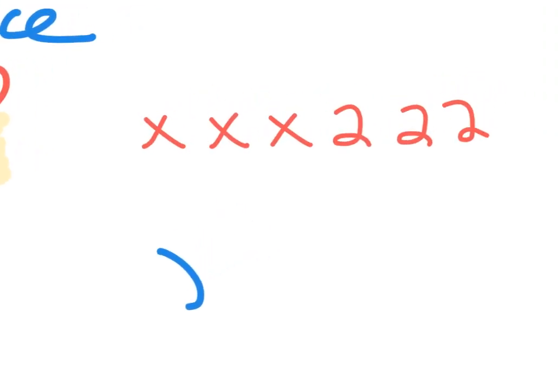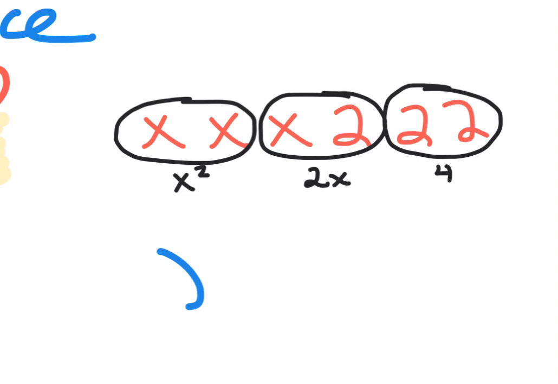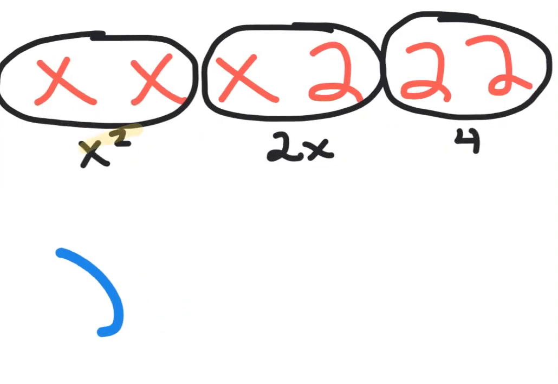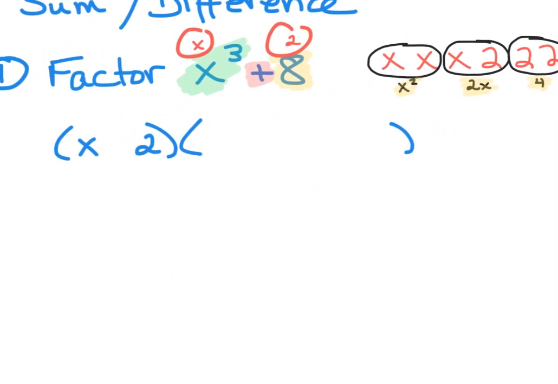Then I take those 6 things and circle 2 at a time, and then multiply. This one's x squared, this one's 2x, and this one's 4. Those 3 things are going to be the 3 parts of my trinomial.